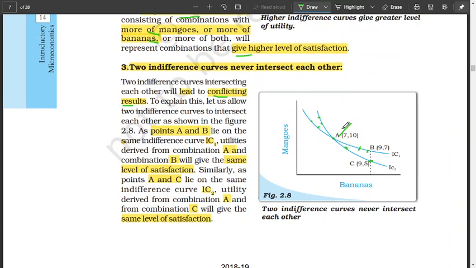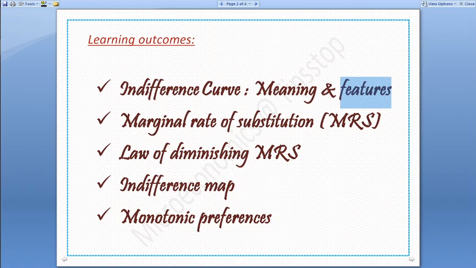This is not possible. So it should be like this, parallel, so that you would prefer the higher indifference curve over the lower one. So that's about what you've learned of the ordinal utility approach. We haven't been able to reach the point where the consumer prefers, where the equilibrium is.